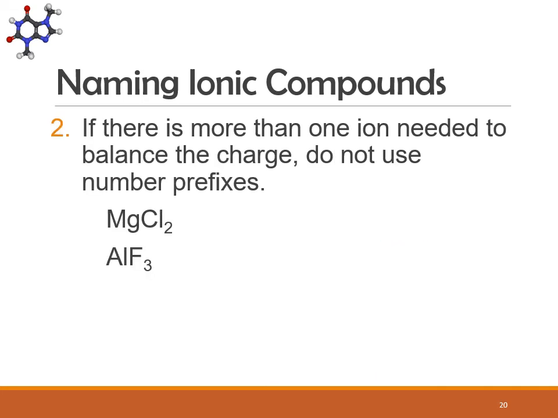When naming covalent compounds, we use number prefixes such as di for 2, tri for 3, and tetra for 4. We do not use these prefixes when naming ionic compounds. We just name them as we would if there was just one atom. So, in our example, we have magnesium chloride and aluminum trifluoride. The name of the cation is magnesium, and the name of the anion is chloride.